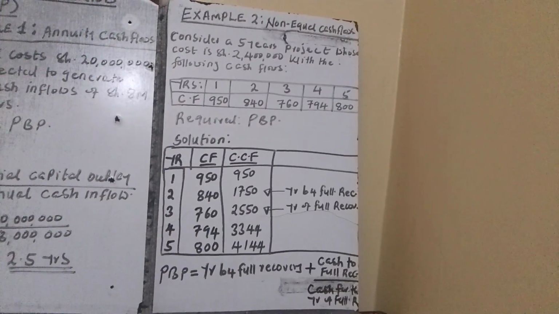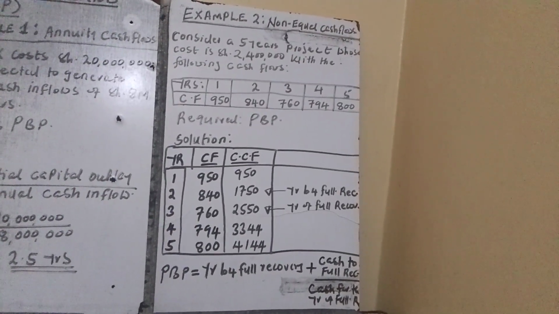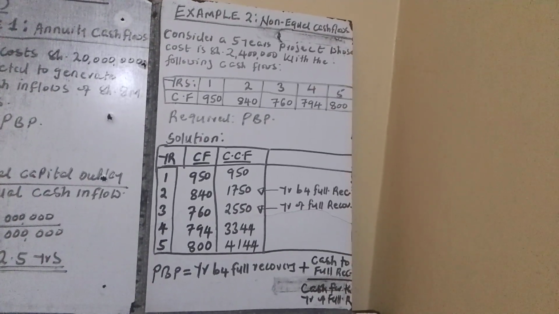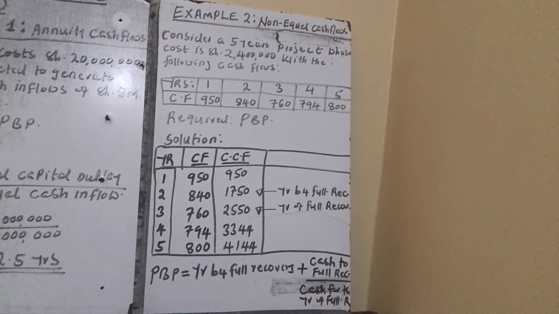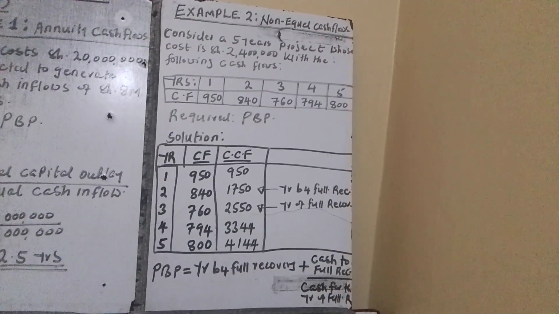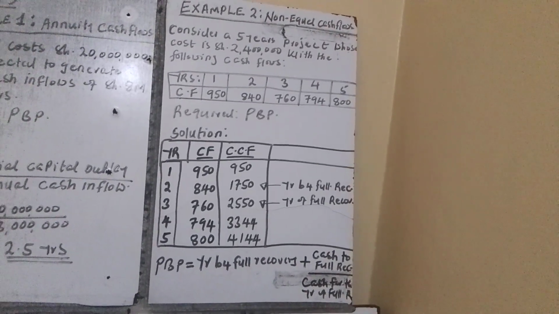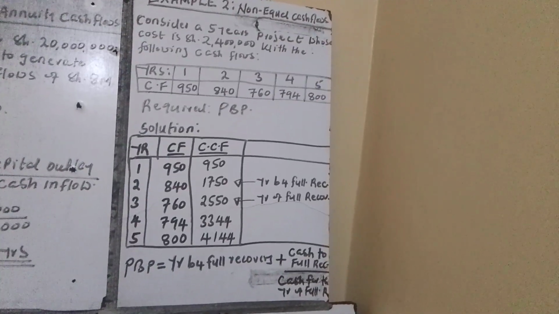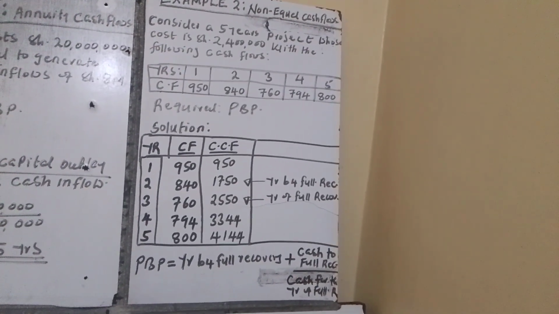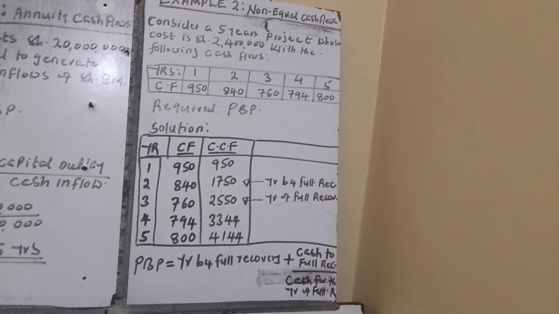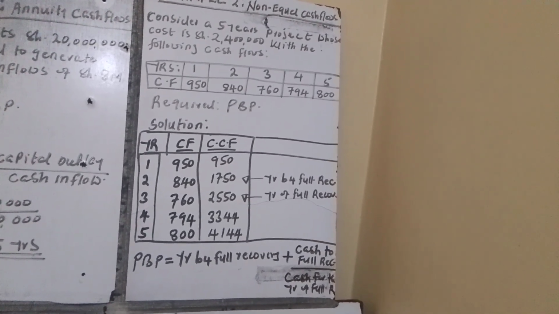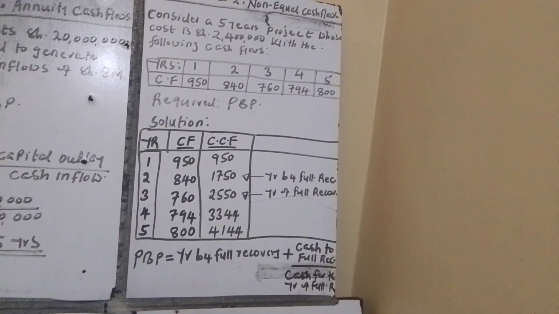So you can see what I have written there in year 2. This project generated 2.4 million not before year 3, but after year 2. Because in year 2, we have 1750, and in year 3, we have 2550. So 2.4 million is in between year 2 and year 3.